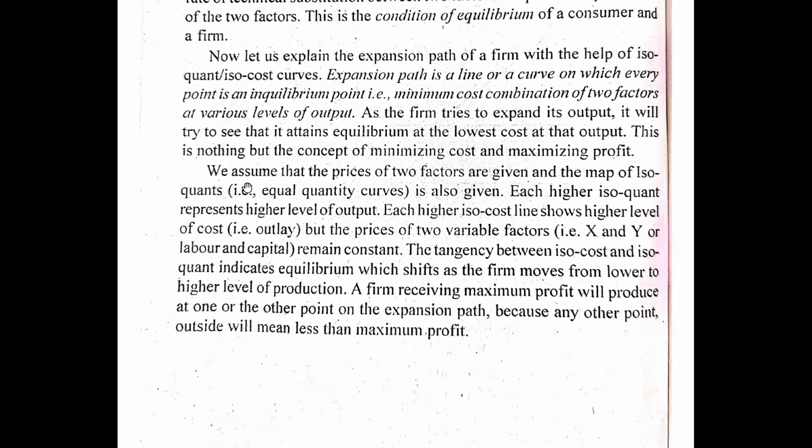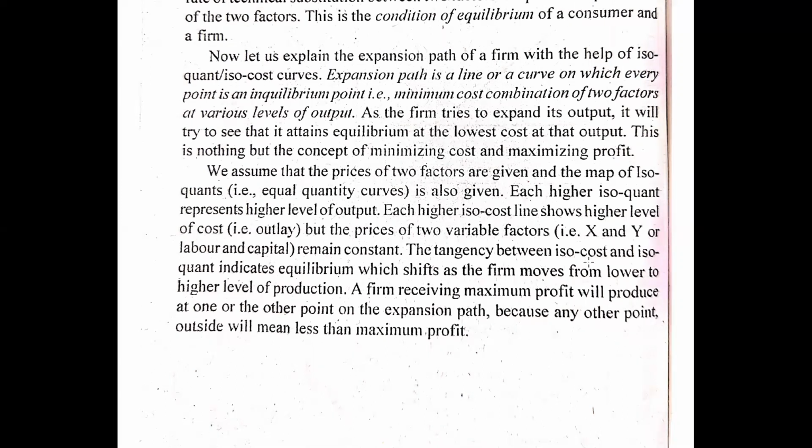Now we will read further. We assume that the prices of two factors are given and the map of isoquants, equal quantity curves, is also given. Each higher isoquant represents a higher level of output. Each higher isocost line shows a higher level of cost, but the prices of the two variable factors X and Y, or labor and capital, remain constant.